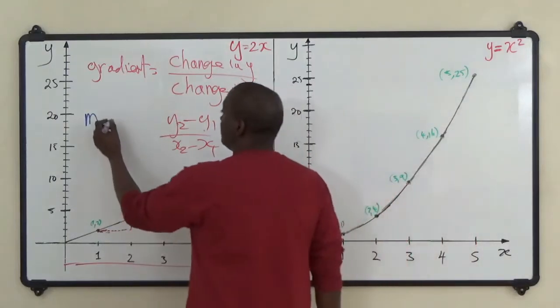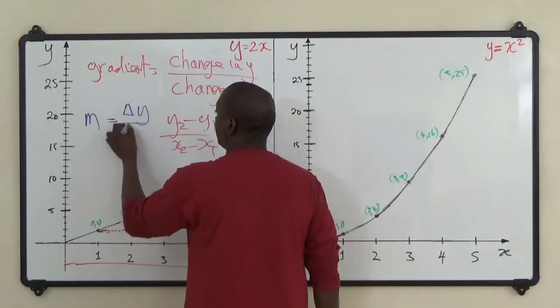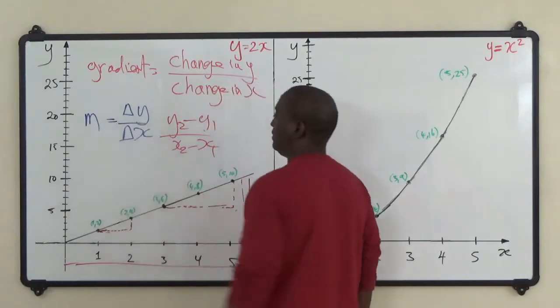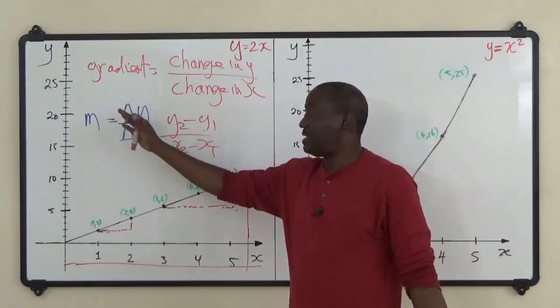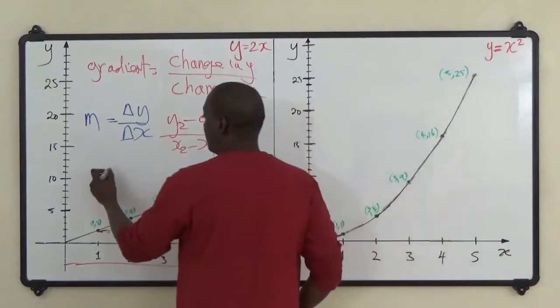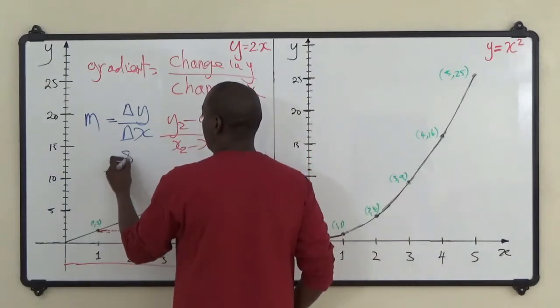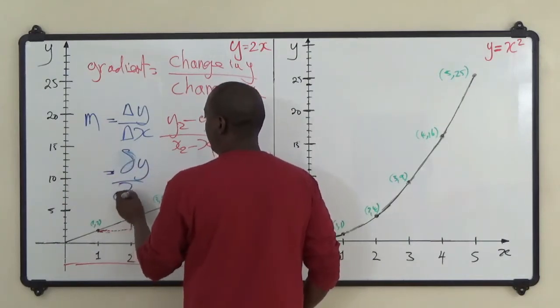Your gradient m is equal to your change in y over your change in x. This triangle is referred to as delta, that's capital delta. Delta y over delta x.